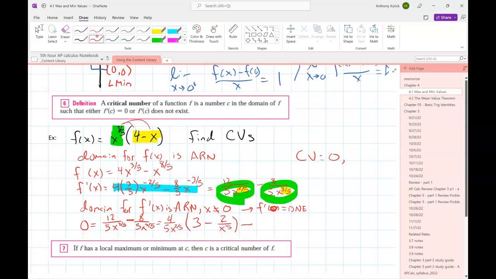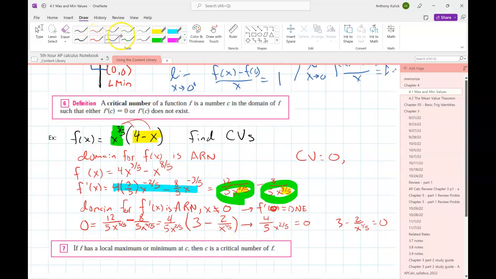And then I can take each one of these two factors and set them equal to 0, and solve them each independently. So this first one, 4 over 5x to the 2/5 equals 0. Well, I can see right away that this has no solution.